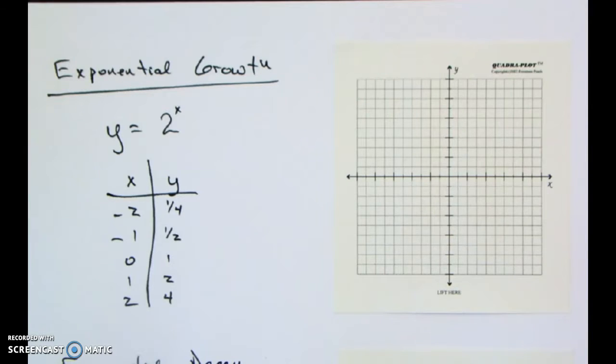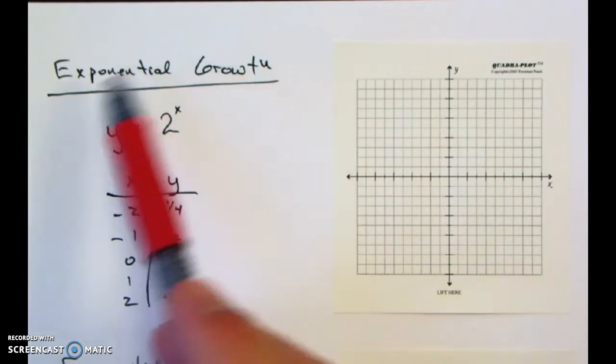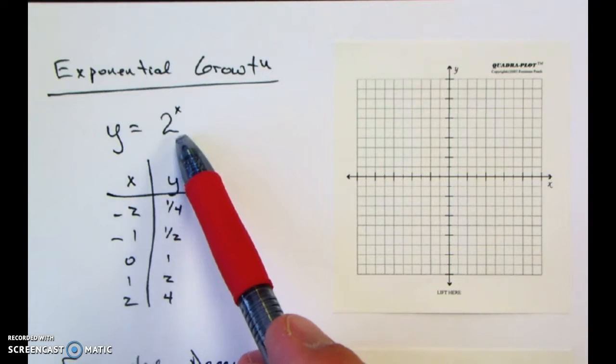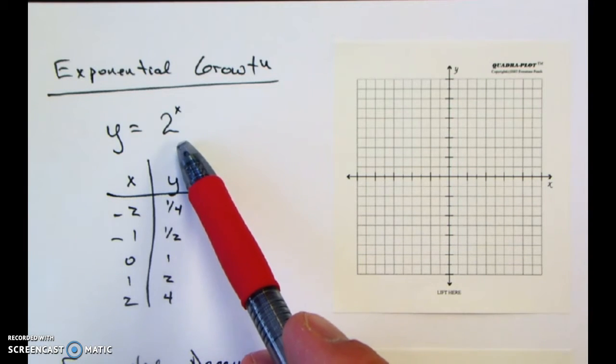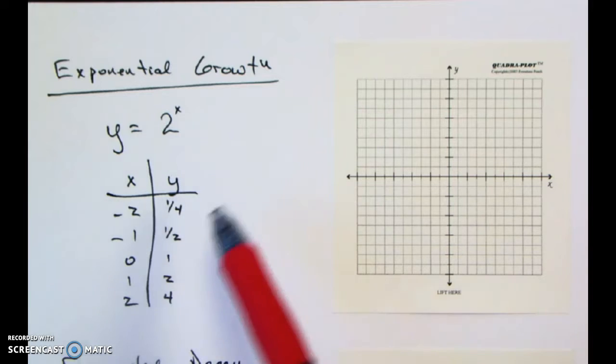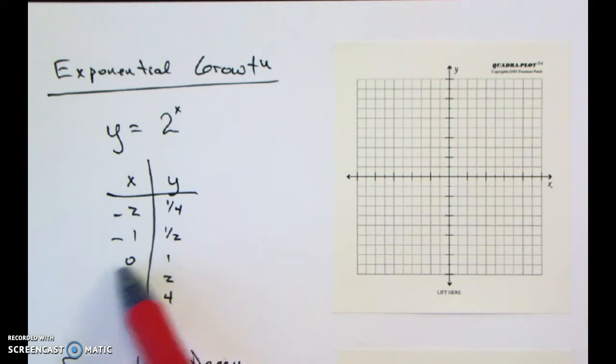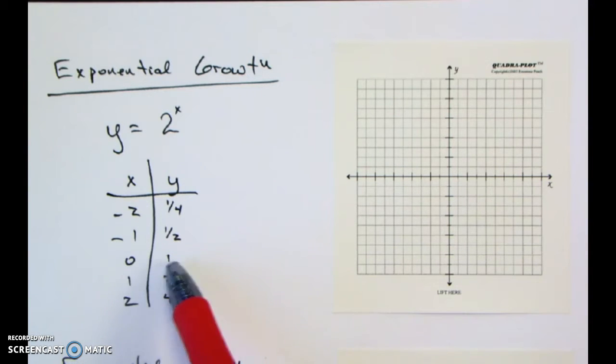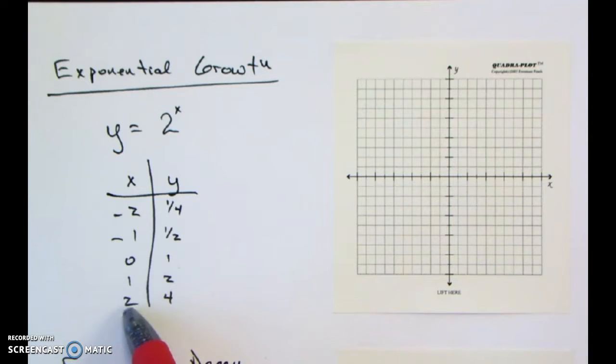Remember, as far as graphing exponential functions, if I'm looking at something like y equals 2 to the x, this is an example of exponential growth. Like you're folding paper and it doubles every time you fold it in half. You start off with one piece of paper, so 0 folds gives 1, you fold it in half once and now you have 2 sections, folded in half twice, now you have 4.